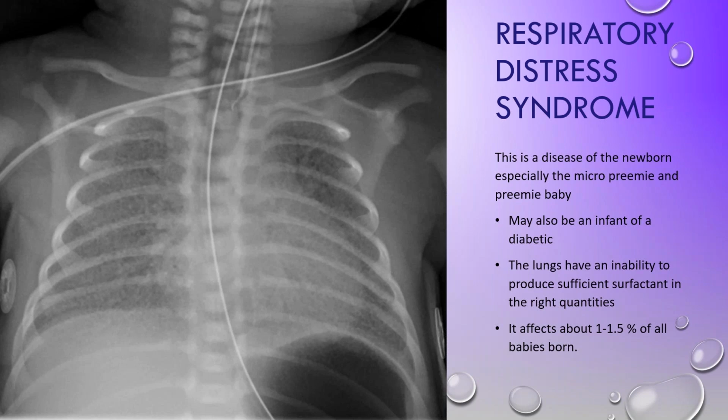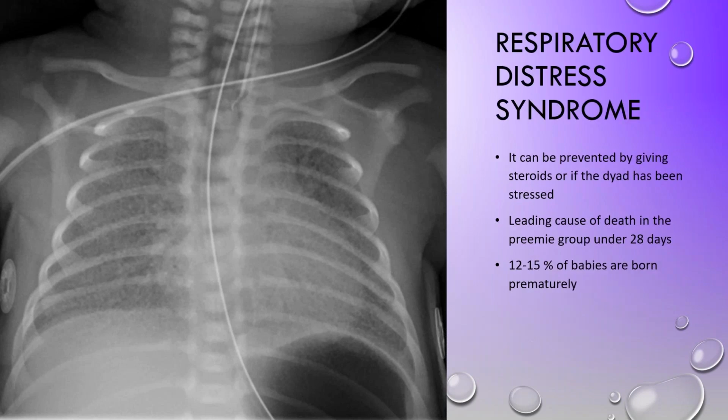And the lungs have this inability to produce sufficient surfactant in the right quantities. And this is important. We talk about surfactant as being A and B, and it's often the B part that is missing when we're dealing with these babies. It will affect about 1 to 1.5% of all babies born.